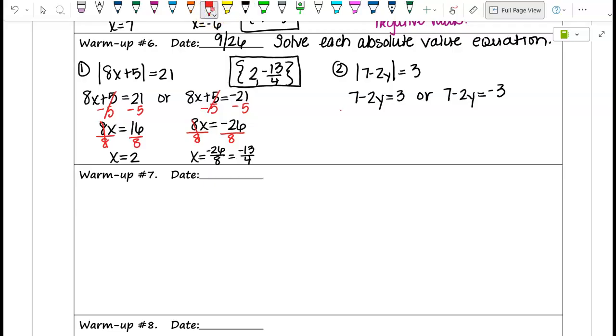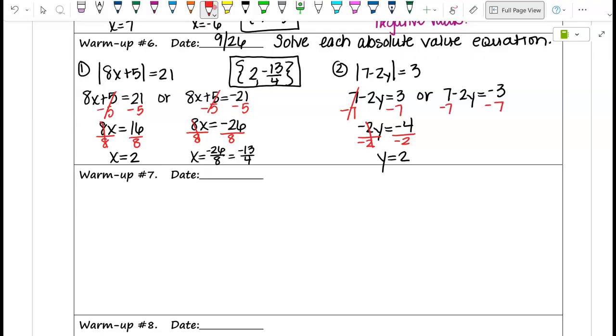So here, subtract 7 from both sides. Negative 2y equals negative 4. Divide both sides by negative 2. And we get y equals 2. And then again, we have to go to the second equation.